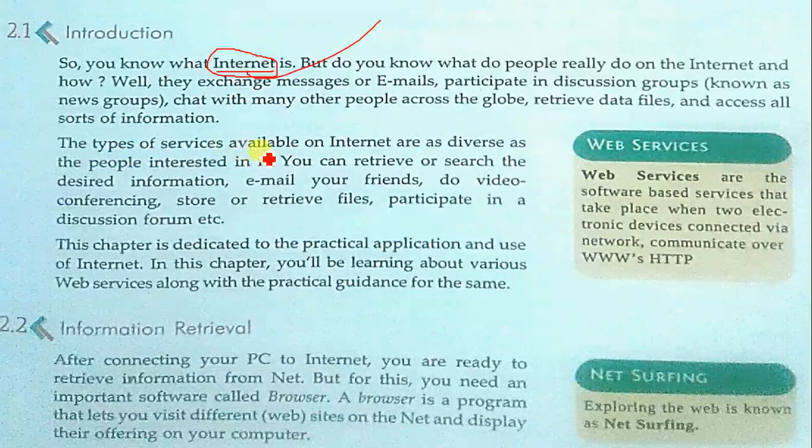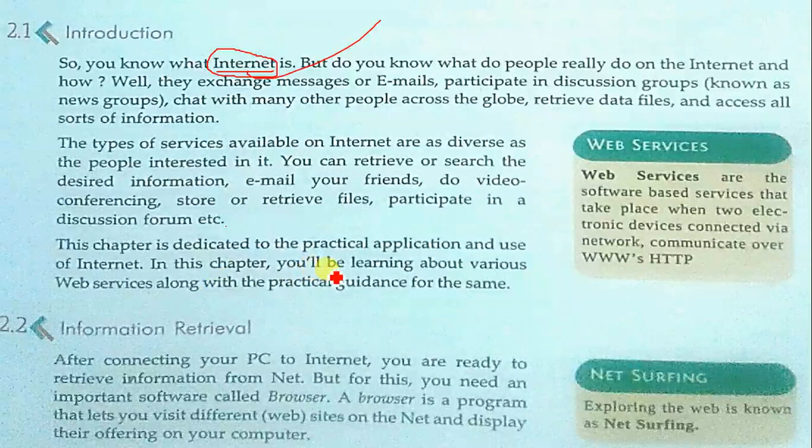The types of services available on the internet are as diverse as the people interested in it. You can retrieve or search the desired information, email our friends, do video conferencing, store or retrieve files through the internet, participate in a discussion forum, etc. This chapter is dedicated to the practical application and use of the internet.